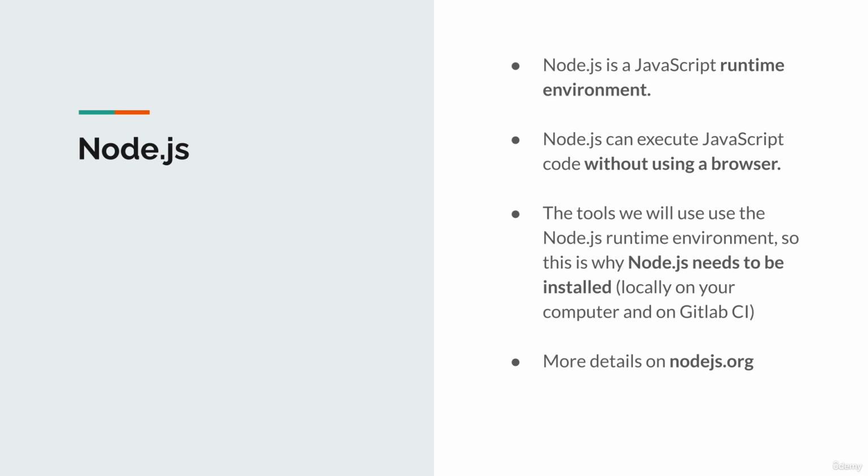We'll have a couple of tools that run inside the Node.js runtime environment, and this is why Node.js needs to be installed locally on your computer. And we'll also need Node.js when running the GitLab CI pipelines. More details on Node.js you'll find on nodejs.org.